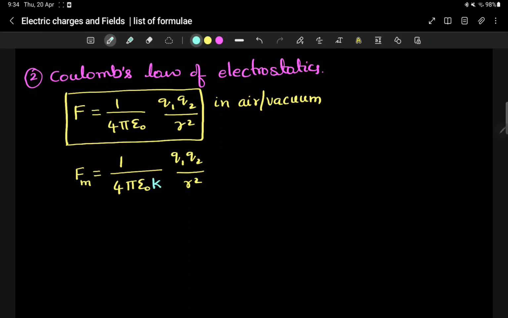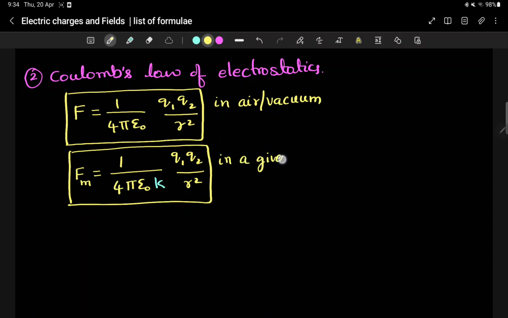You can write k or epsilon r, both are same, that is relative permittivity or dielectric constant. This is another formula. This is the force between two charges in a given medium. It may be attractive or repulsive based on the polarity of the charges.